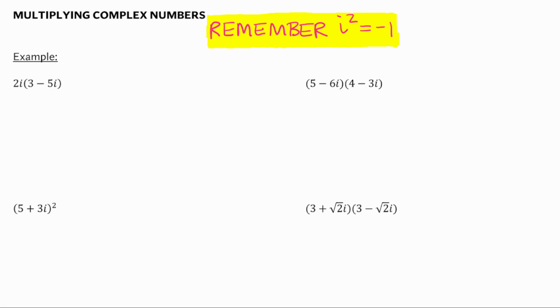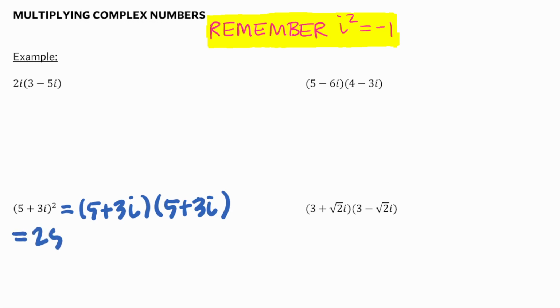Okay. I'm going to do the one in the bottom left, the 5 plus 3i to the 2 power, because this is not going to be 25 plus whatever you think 3i squared would be, okay, negative 9. It's going to be probably more than that, so it's going to be 5 plus 3i multiplied by another 5 plus 3i. Okay, and I'm going to need to distribute that, so that's going to be 5 times 5 is 25, plus 15i, plus another 15i from the middle terms.